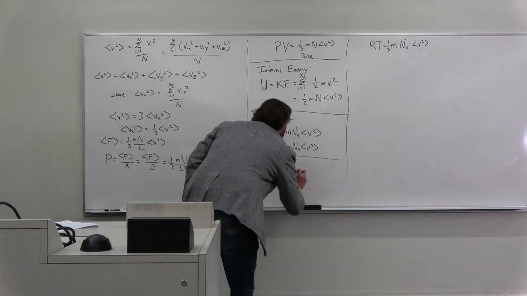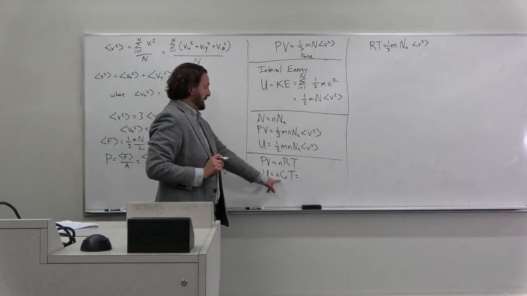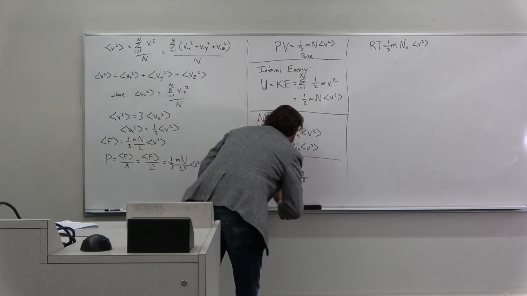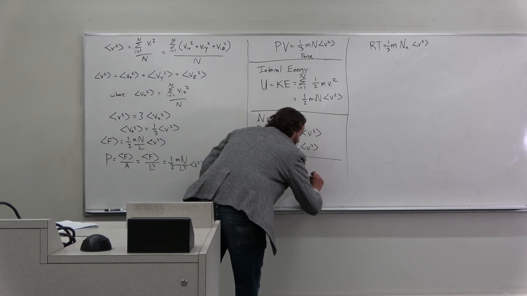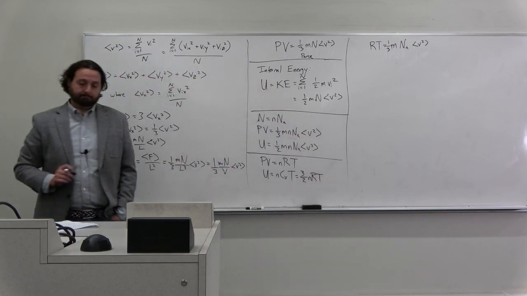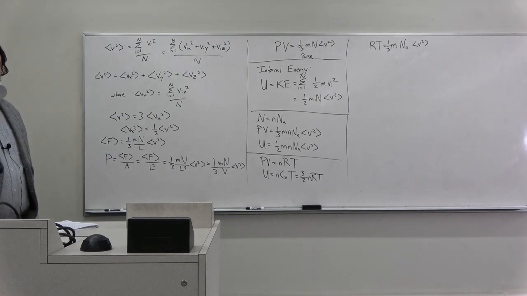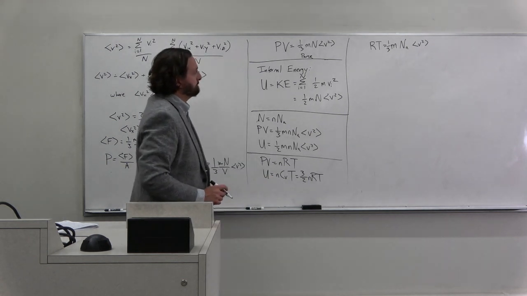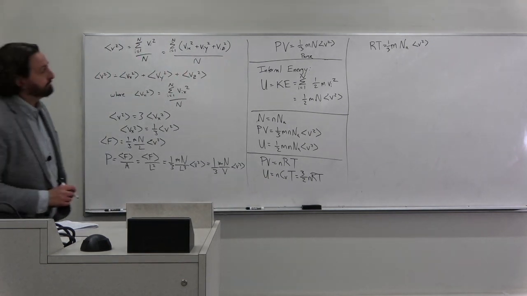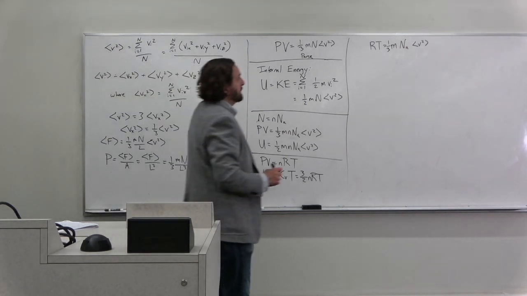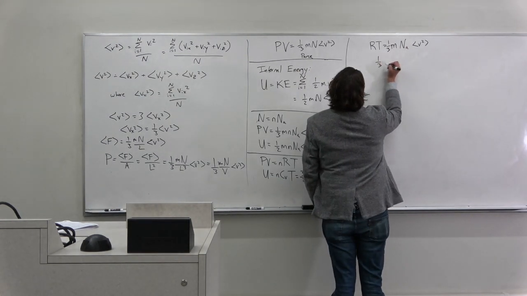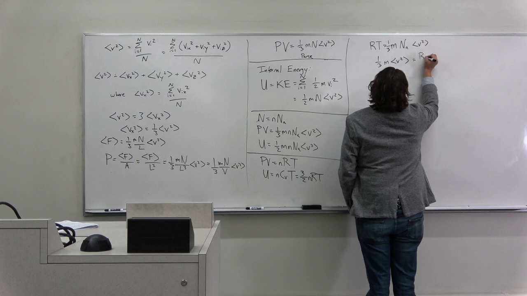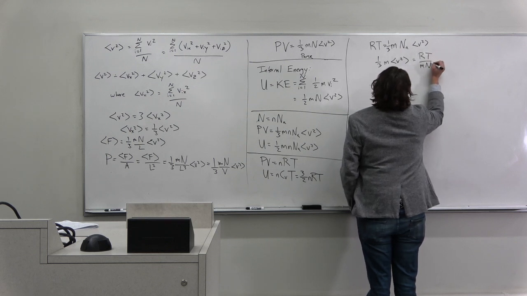Forgive me, to make that more clear, this is because for a monatomic gas, U was equal to 3/2 nRT, remember. Okay, so let me rewrite that as 1/3 m v squared equals RT over NA.